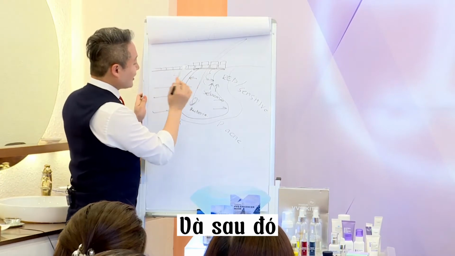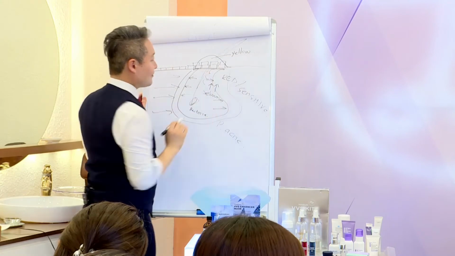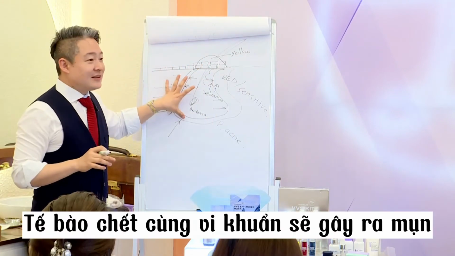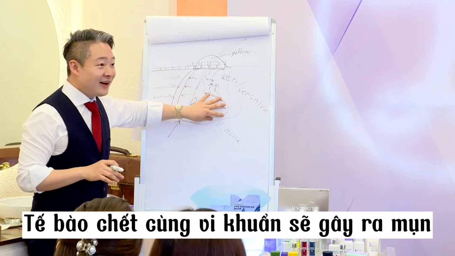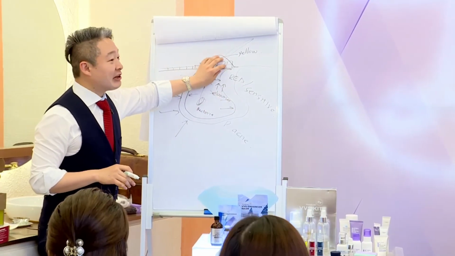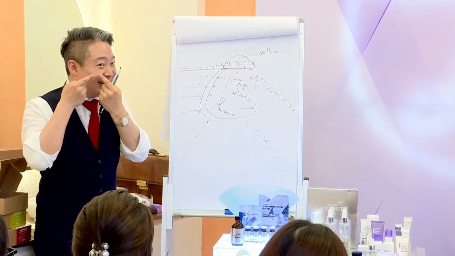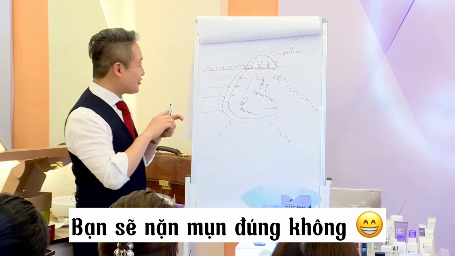And after that, what happens is dead body of bacteria and dead body of the soldiers here are gathered here. And then what you do? Oh, good. And you squeeze, right?